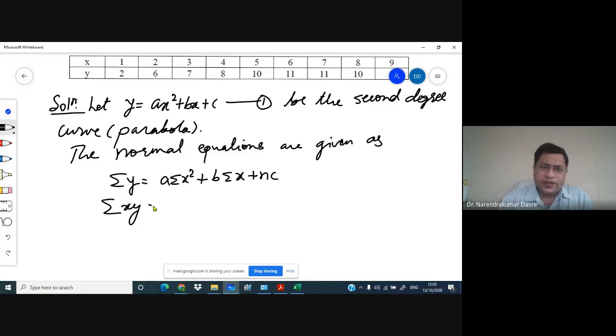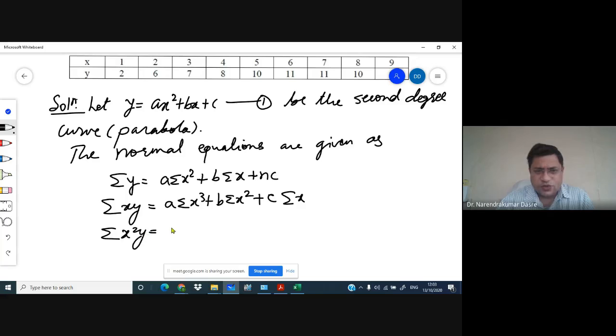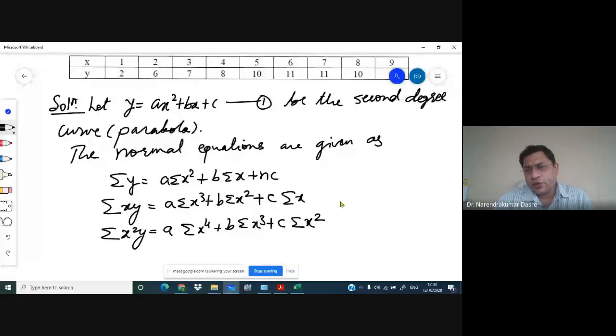Then multiplied by x: summation xy equals a summation x cube plus b summation x square plus c summation x. Then multiply equation 1 by x square and take the sum: summation x square y equals a summation x raised to 4 plus b summation x cube plus c summation x square. And this is going to be equation 2.